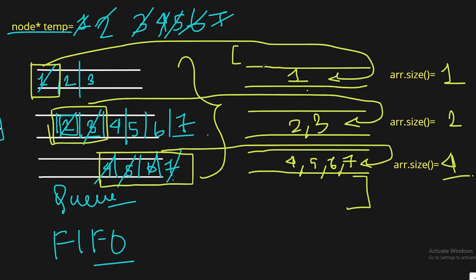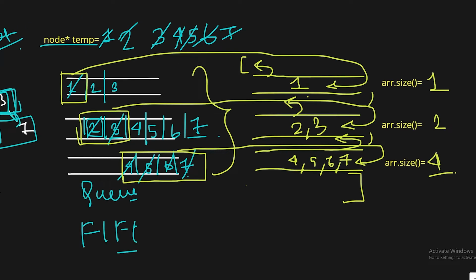Similarly, this array gets pushed into another array, the main array. This gets pushed into the main array after this, and this gets pushed into the main array after this. So this is how we get the total representation of the binary tree.